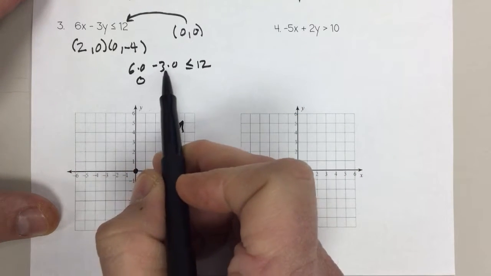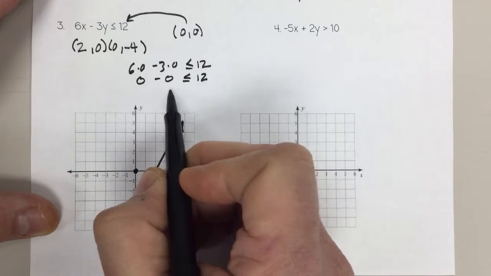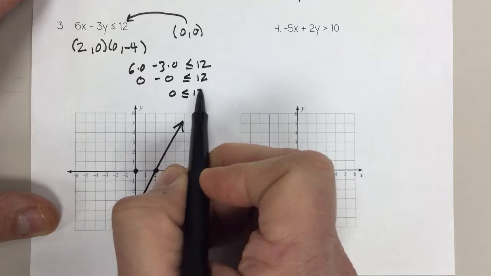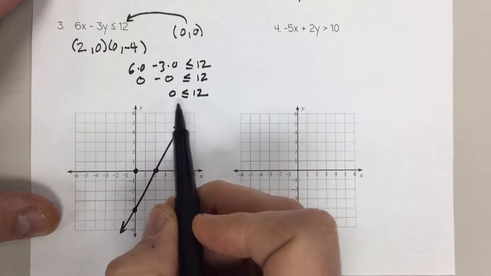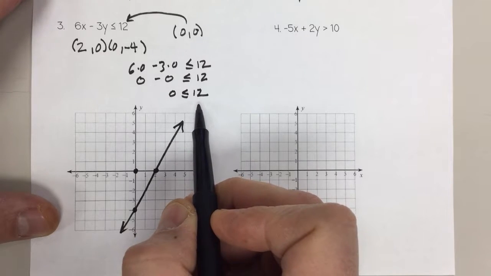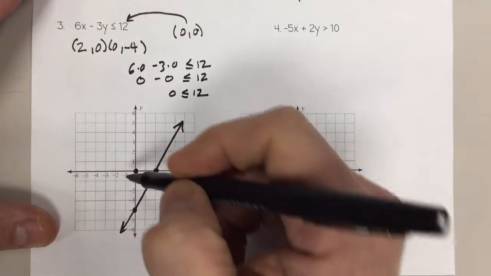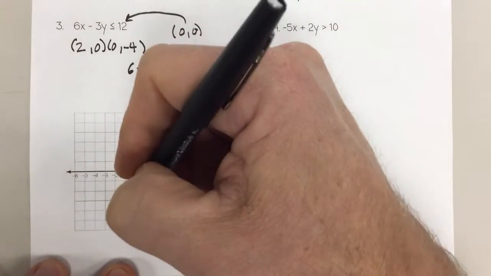Well, that's 0. That's 0. So 0 minus 0 is 0. Ask yourself, is this true? Is 0 less than or equal to 12? And it is. So that means that this point is an answer to this inequality, so I must shade on that side of the line.